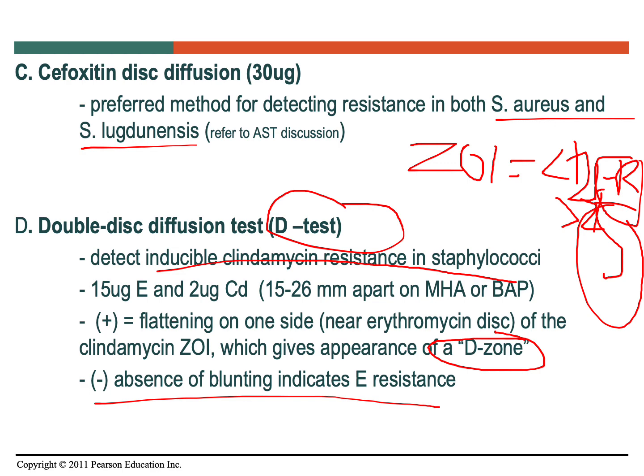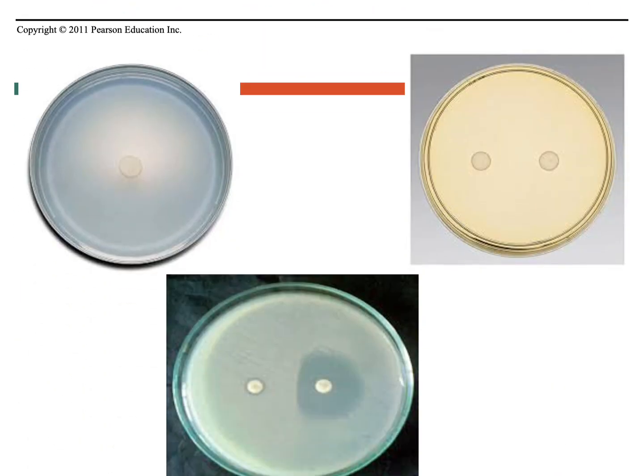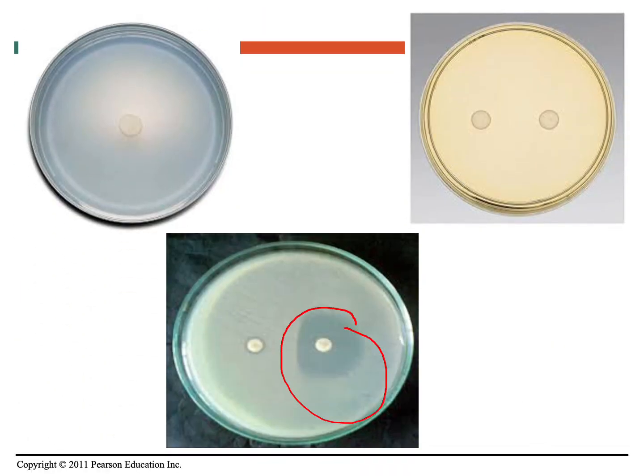So after performing the D test, if you will not see D formation on the clindamycin, then only your erythromycin is resistant, but your clindamycin is sensitive. But if you see the D formation, meaning your clindamycin is resistant, same with your erythromycin. So report both antibiotics as resistant.